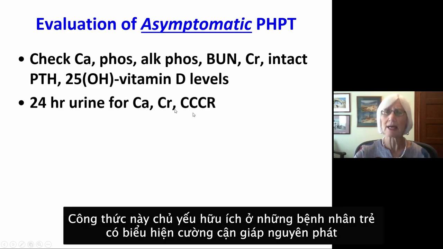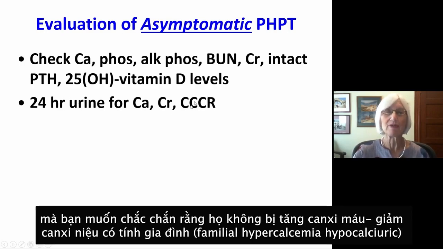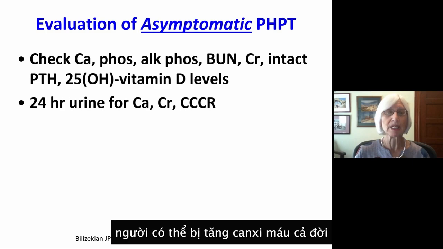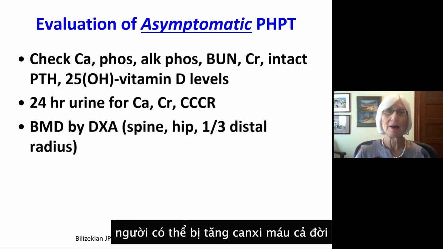This is mainly useful in young patients presenting with primary hyperpara, where you want to make sure they don't have familial hypercalcemic hypocalciuria, but that's pretty rare in a patient presenting at age 60 who would have been hypercalcemic her whole life.